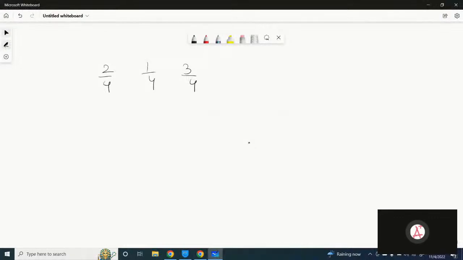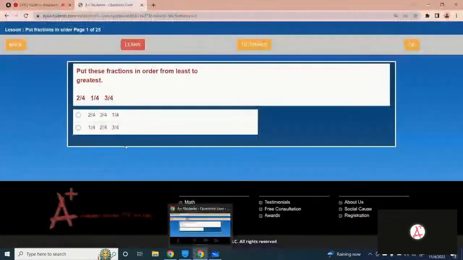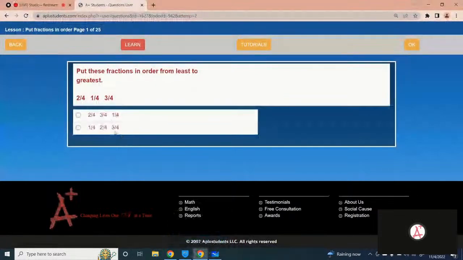So the least one is, yes, very good. 1 by 4 is the least one. Then you have 2 by 4, and then you have 3 by 4. Got it? 1 by 4 is the smallest one, then 2 by 4, and then 3 by 4. So the correct option is the second one, 1 by 4, 2 by 4, and 3 by 4. Got it?